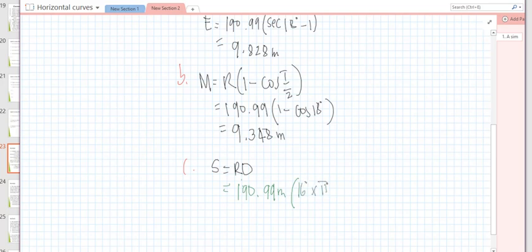So i-convert na into radians. So that is equals to 190.99 times 16 times pi over 180, 53.334 meters.